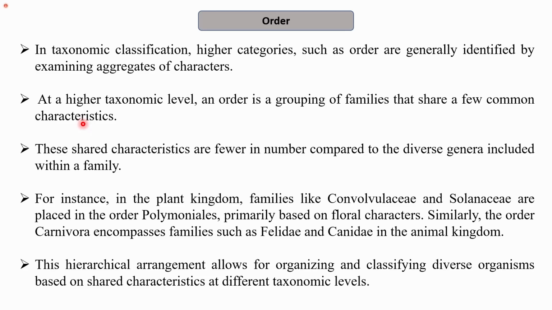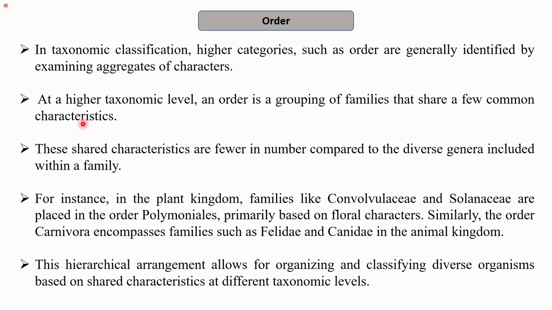For instance, in plants, families like Papilionaceae and Solanaceae are placed under the order Polemoniales, primarily based on the floral characteristics. Similarly, the order Carnivora, for example, if I consider the animals, encompasses families such as Felidae and Canidae.